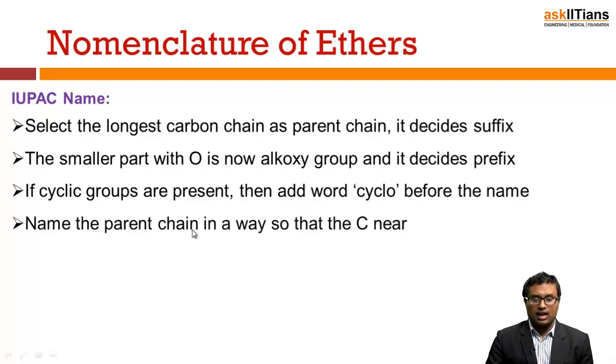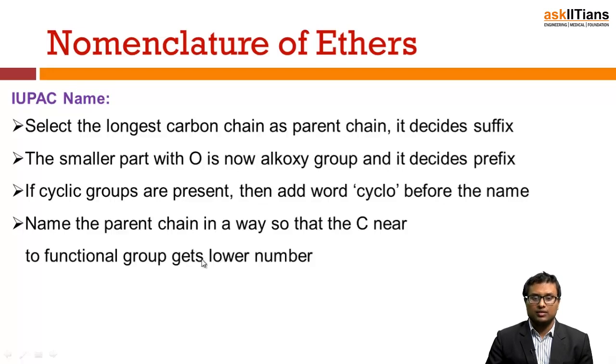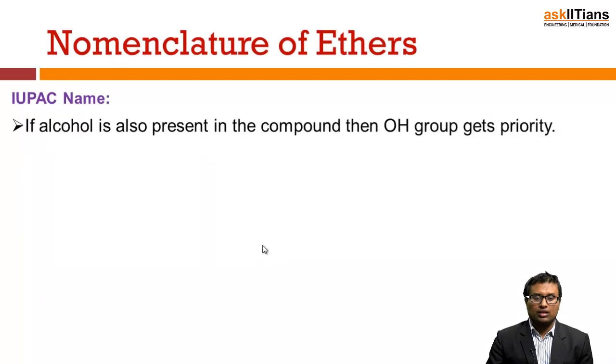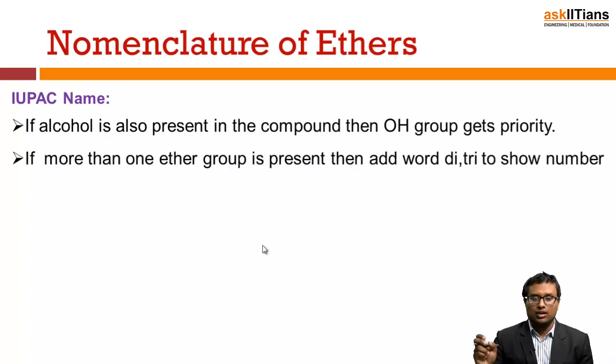And you have to name the parent chain in a way so that your carbon is nearer towards the functional group and gets the lower number. Again the same concept, you have to always get your functional group with the lowest possible number. So if you have also alcohol in the given group, remember OH groups gets priority.